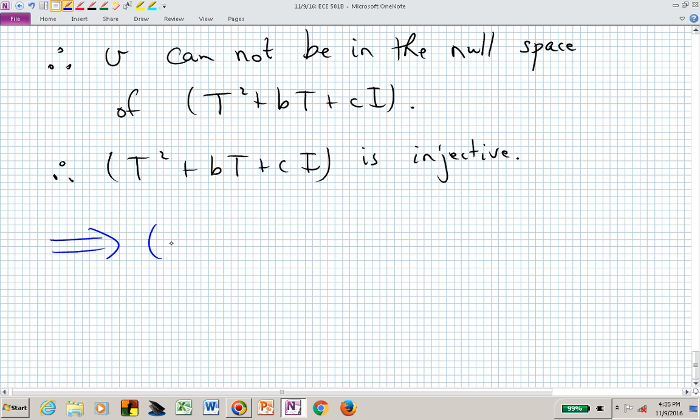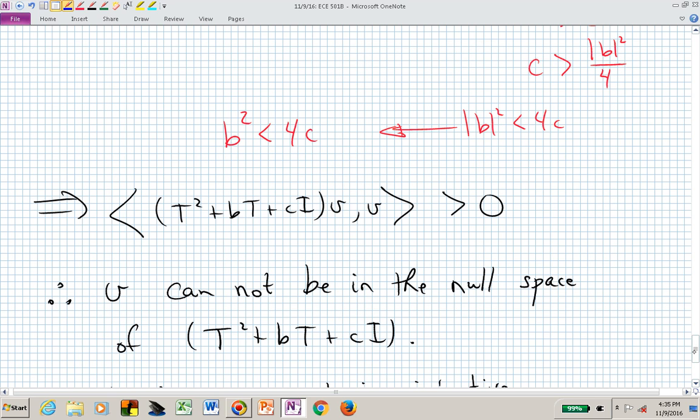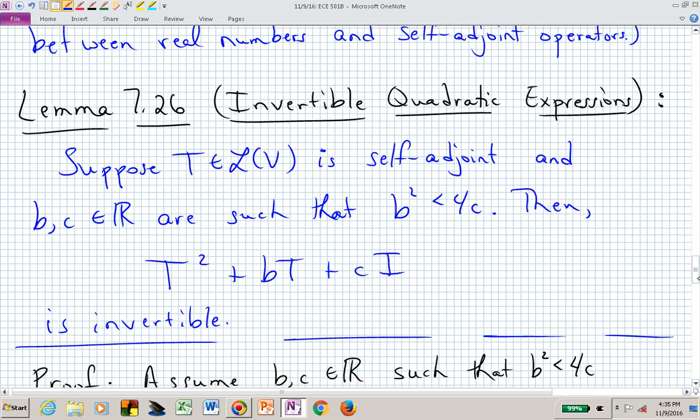Now we can say that T squared plus bT plus cI is invertible, given that b squared is strictly less than 4c. And that was one of the assumptions in our first statement of the lemma.